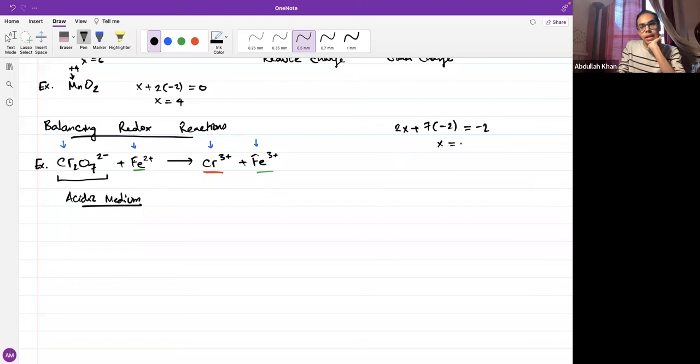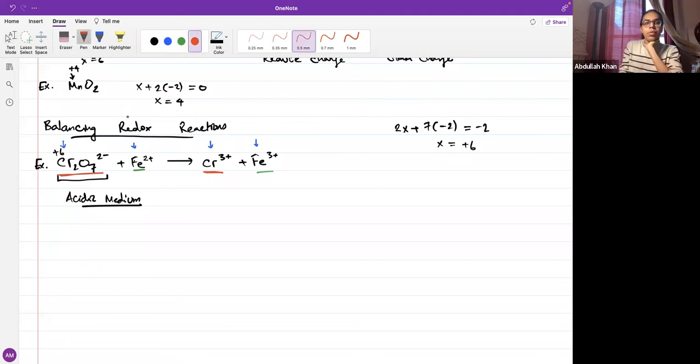And like we've seen, x, when you solve for this, comes out to +6. So chromium is going from a +6 charge to a +3 charge. Great.